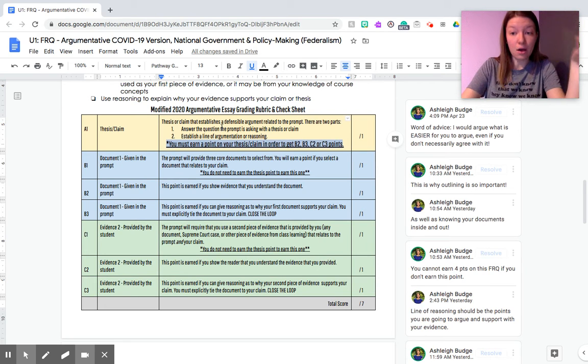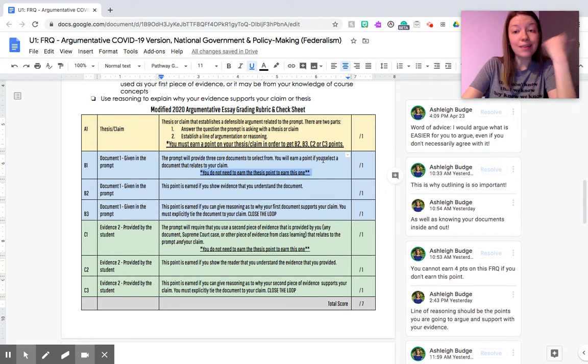Okay, now, before I go through the rest of this, if you don't earn the claim point, you can still earn 2 other points. That's actually a change. They've made it a little bit easier. You can earn a point, as you see here, for selecting a document that relates to your claim, okay?